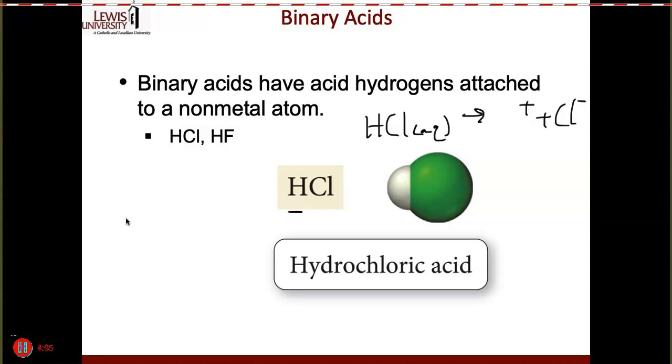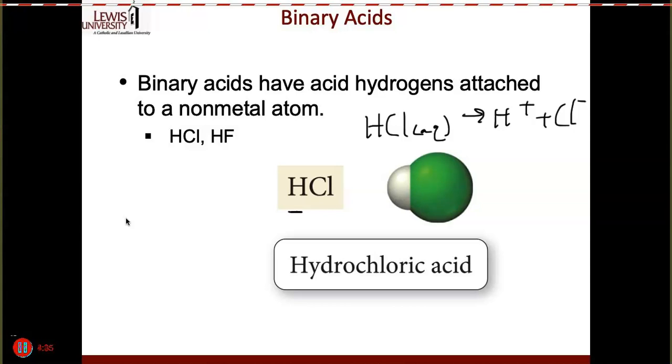The reason why we call this hydrogen that's written first a proton is that it essentially dissociates immediately when you put it in water. And if you have a hydrogen dissociated in solution, really all it is is a proton, because it gives its electron up to chlorine.